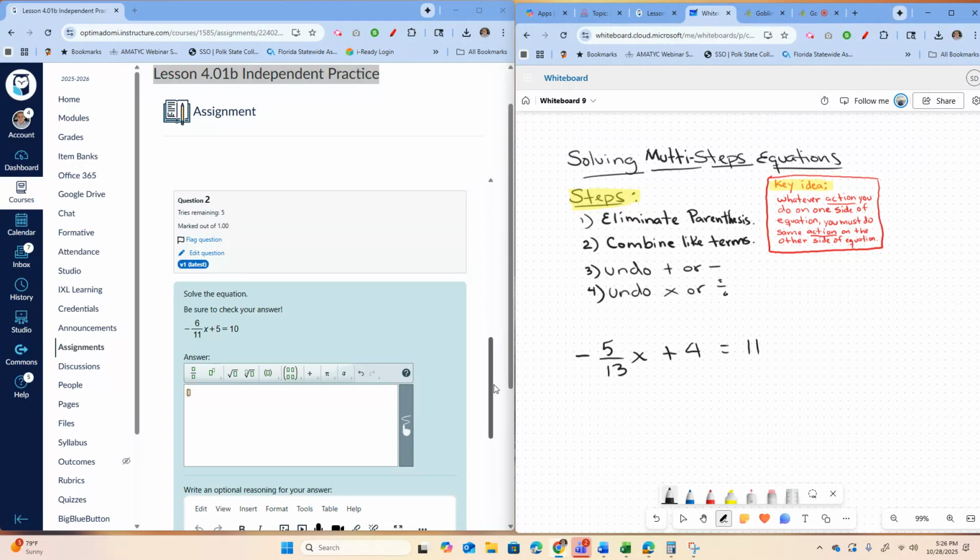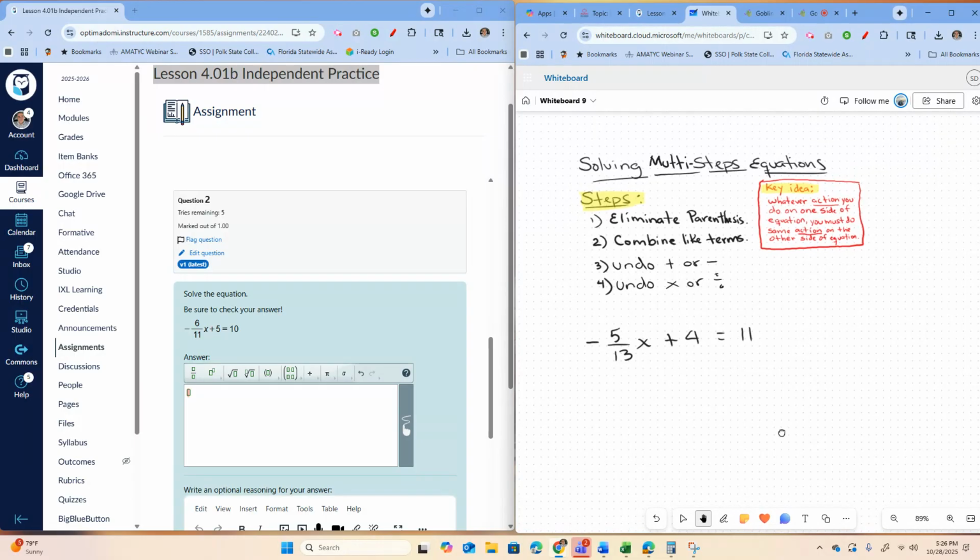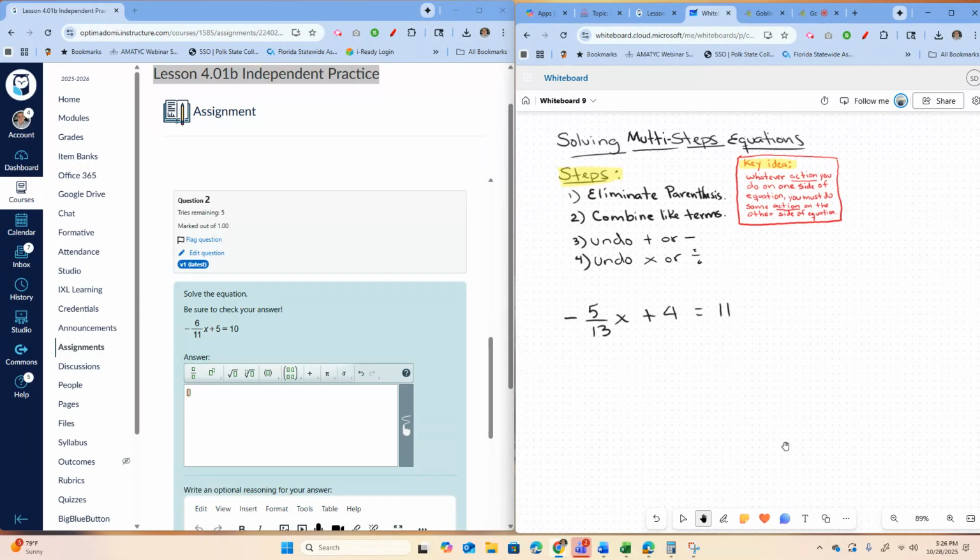What we're going to do here, again, is solve a multi-step equation, which means that we're going to have to do several steps. So at the end, I get x equals some number. You're going to have to do several steps to find the value of x.